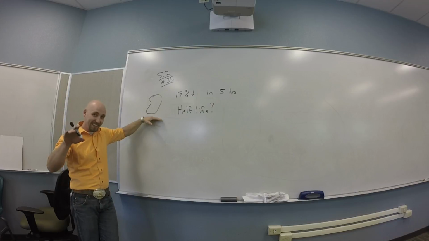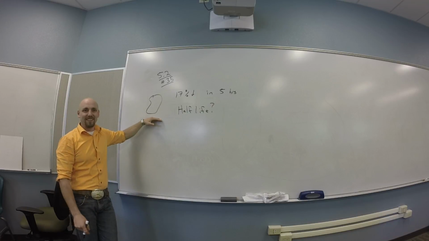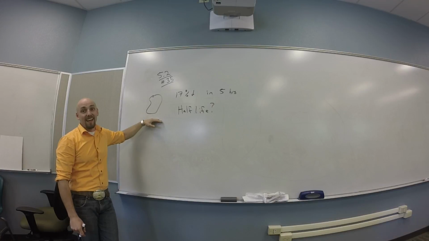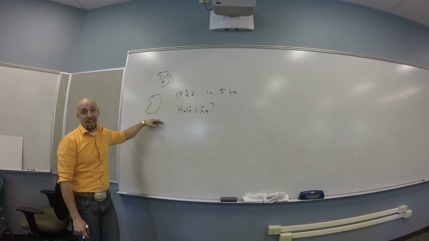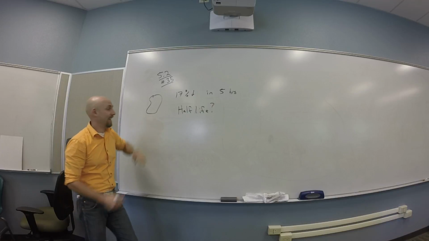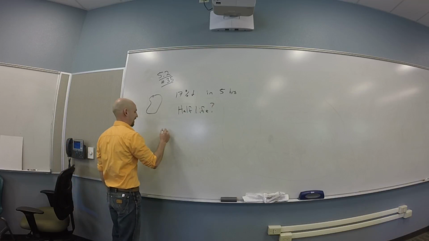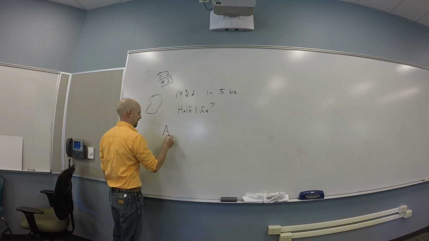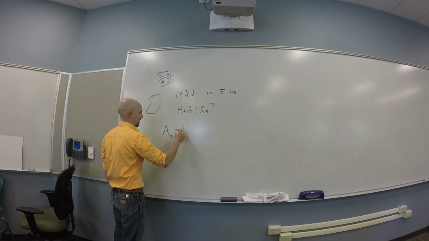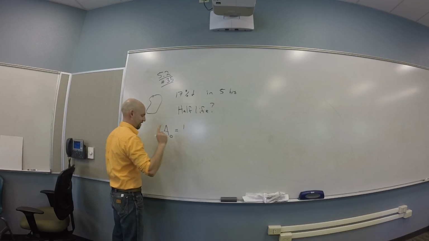So, point is, how do we do this? A sub 0 equals 1/2 A sub 0, parentheses, 0.17 minus 1, 1/2. Hang on.